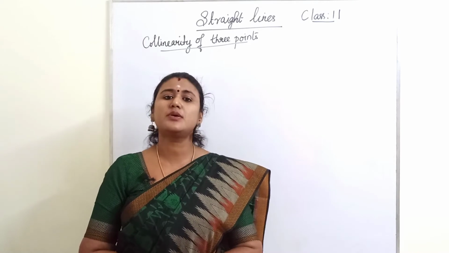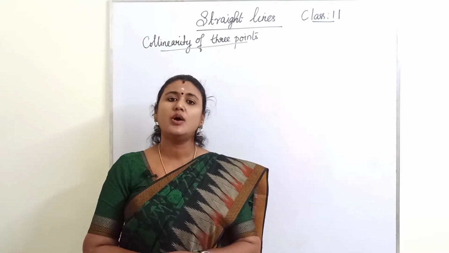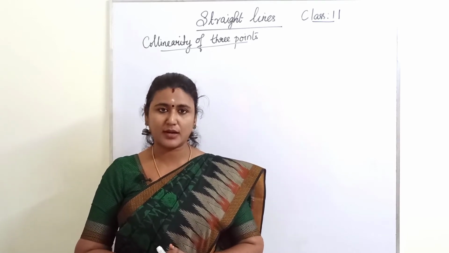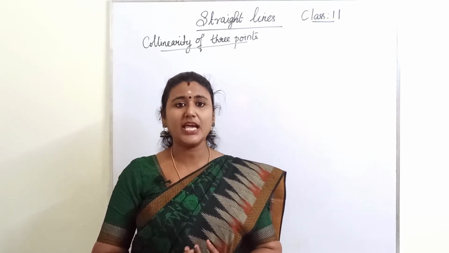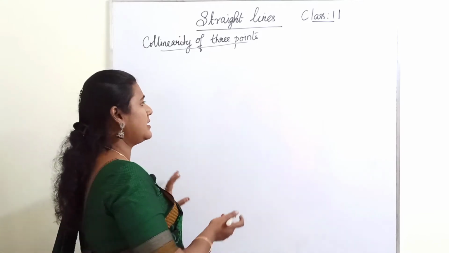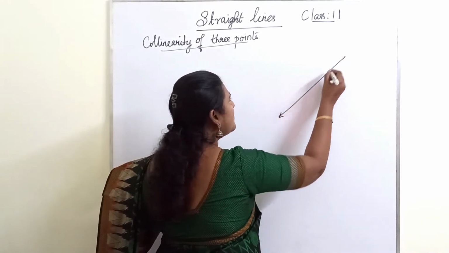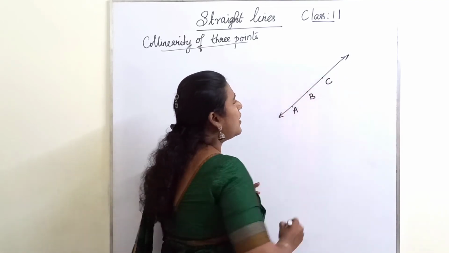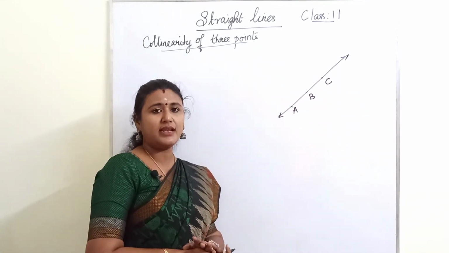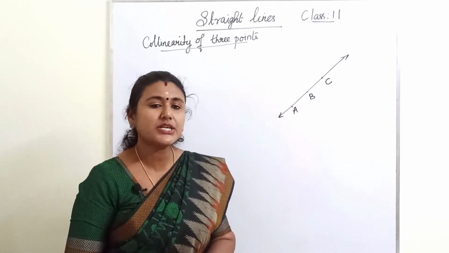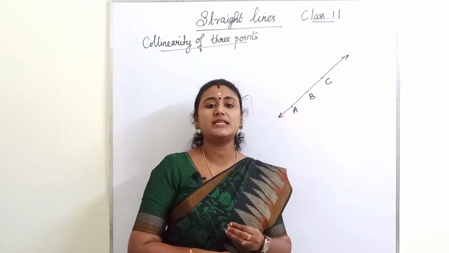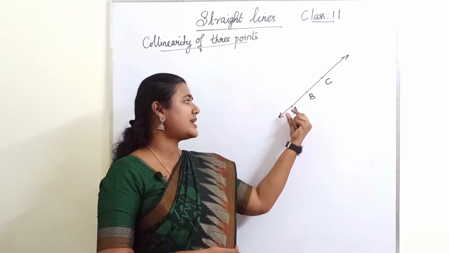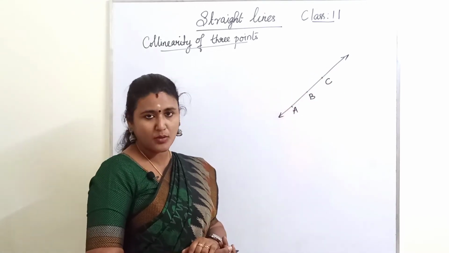The next concept: collinearity of 3 points. What do you mean by collinear points? If 3 or more points are collinear, then they lie on the same line. So if we have 3 points A, B and C on the same straight line, how do we find the condition for collinearity in terms of slope? If 3 points lie on the same straight line, then we call these points collinear.